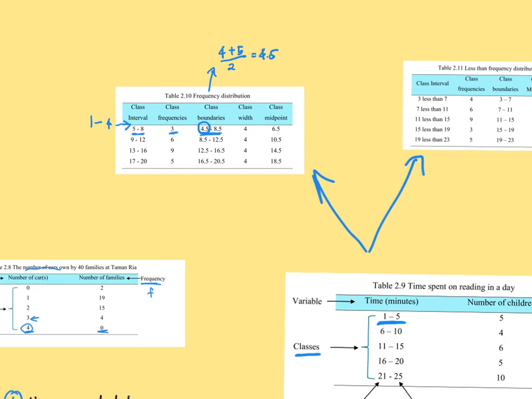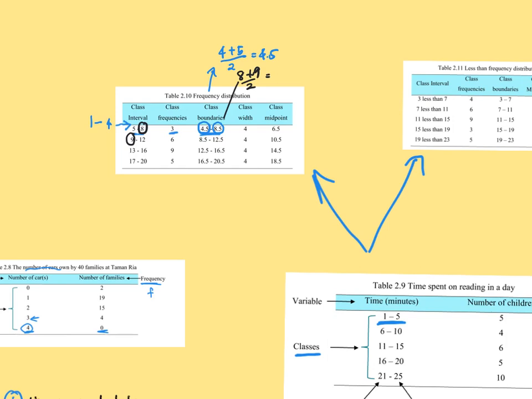And then for the next class boundary, 8.5, the formula is actually the same. We have the upper class limit of the class before that, which is 8, plus the lower class limit 9, divided by 2.